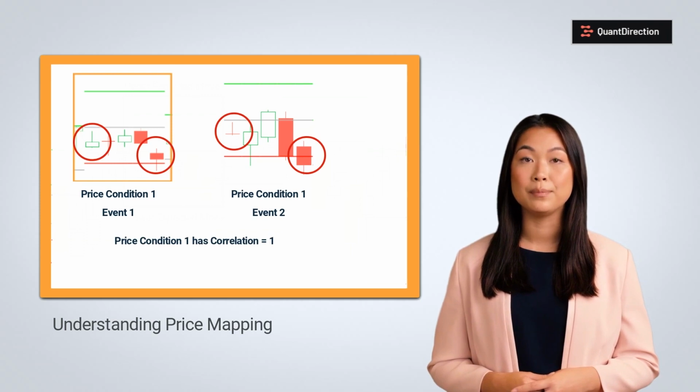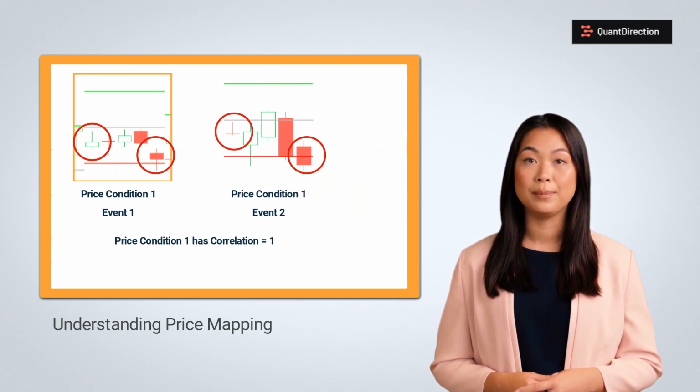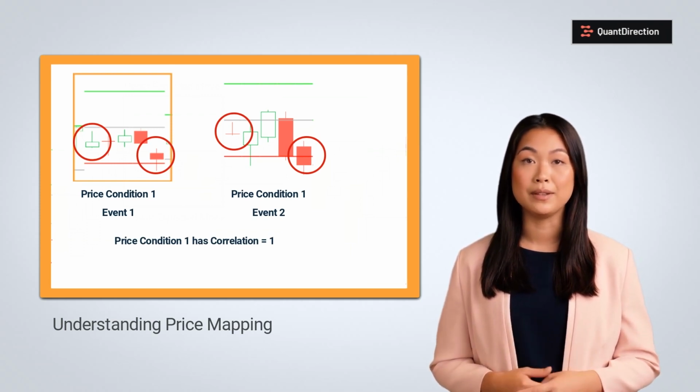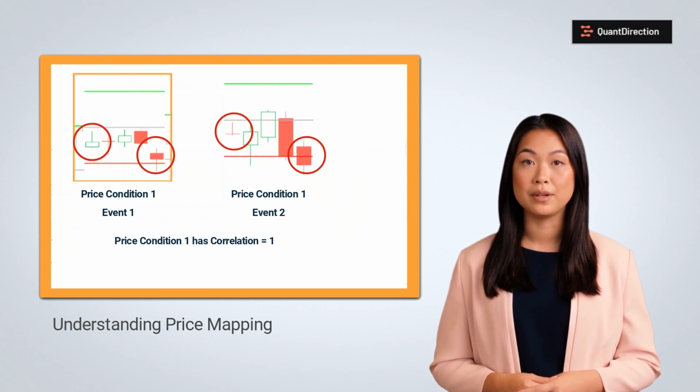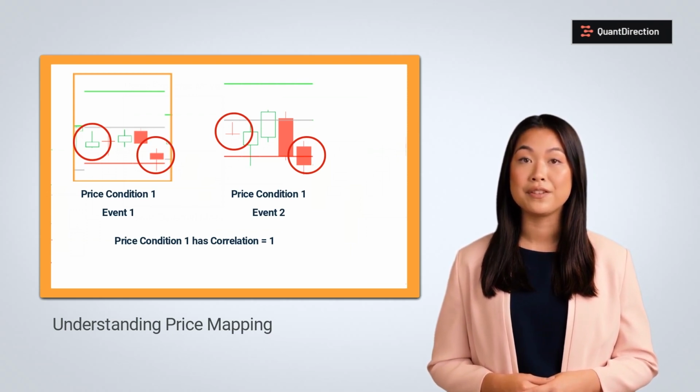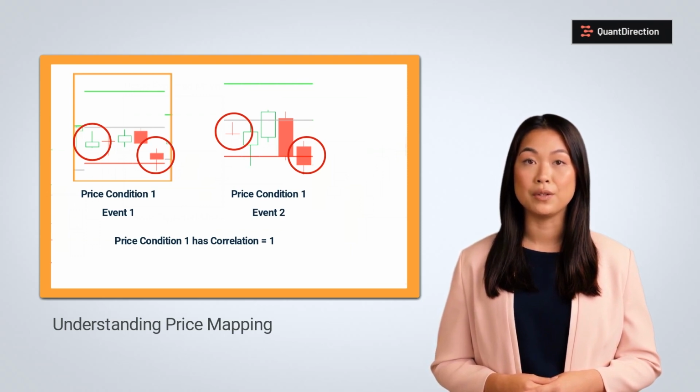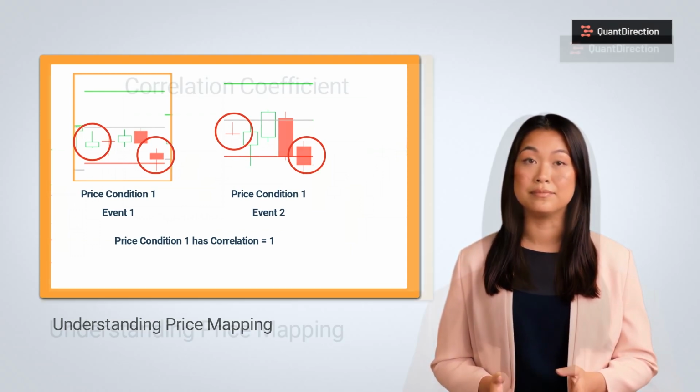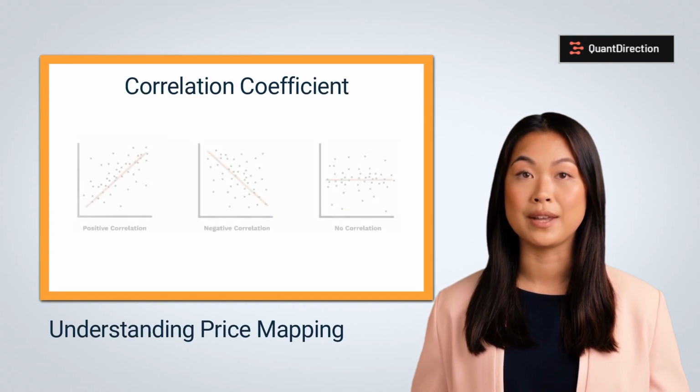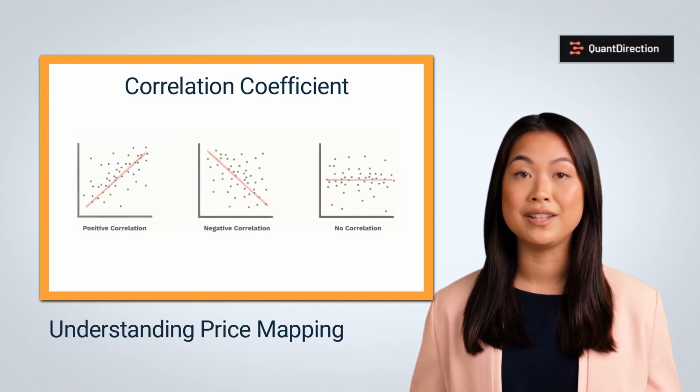In this example, both conditions have price that opens and closes below the midline on Monday and close below the midline on Friday. We can then say that the behavior of these two price conditions are correlated in that respect. As we map price movements across various conditions, we always look for correlations.